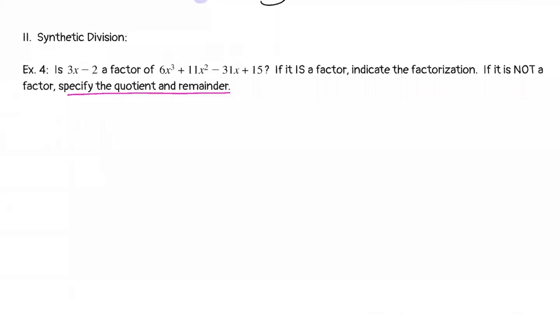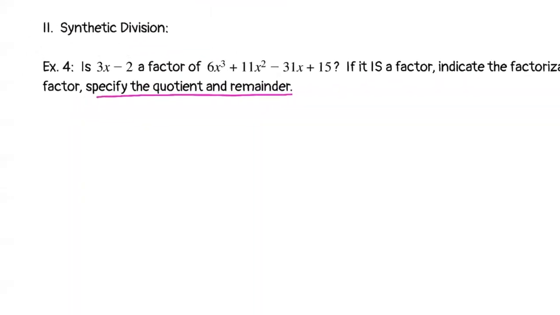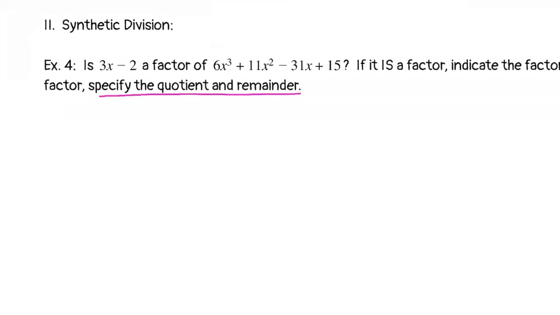But here's how we're going to set up our synthetic division. Some of you might have seen this before, but instead of using that long division symbol, we actually use a little part of a square looking thing. And there's going to be a number that goes inside here. In particular, this number is going to come from our divisor.